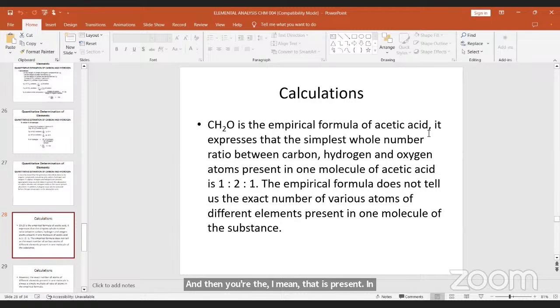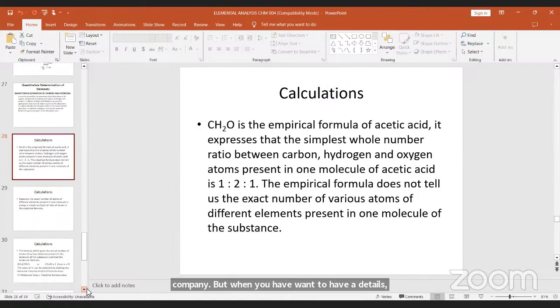So it means that on the whole number ratio, carbon, hydrogen, and oxygen atoms are present in the molecule of acetic acid in the ratio 1 to 2 to 1. The empirical formula does not tell us the exact number of various atoms that you have in the compound. Just like I explained, it's just like a summarized formula for the compound. But when you want to have a detailed formula, then you have to revert back to the molecular formula.